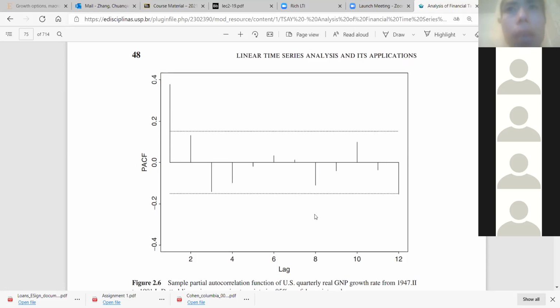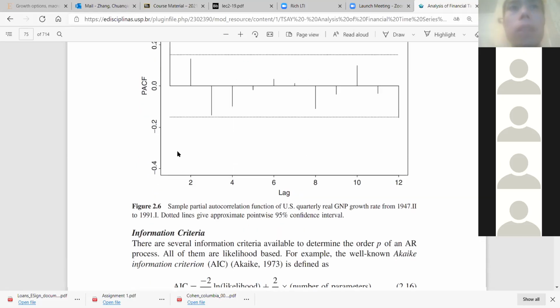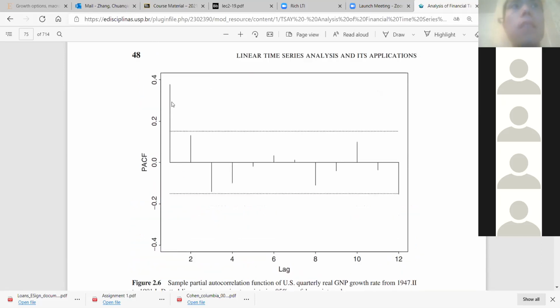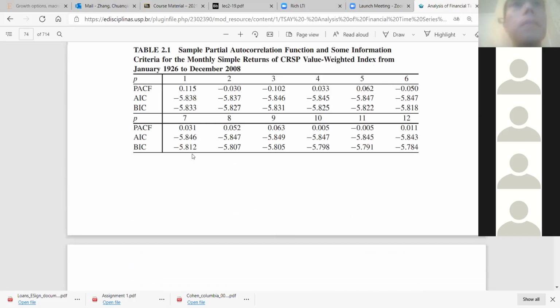For the other orders, they pretty much fit within the confidence interval of significance. That means they're not beyond the dotted lines here. They're insignificant. So I think the AR(1) model is more than enough, because the PACF showed that it is significant.